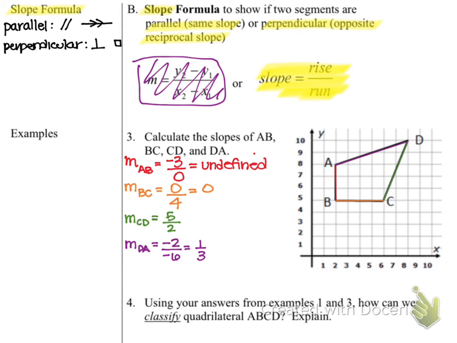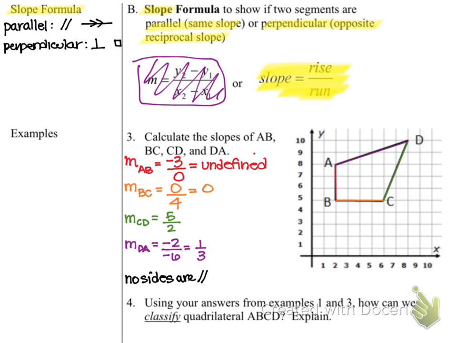But if you take a look at these slopes, I've got an undefined, a 0, a 5/2, and a 1/3. None of those are the same. So no sides are parallel. Okay.